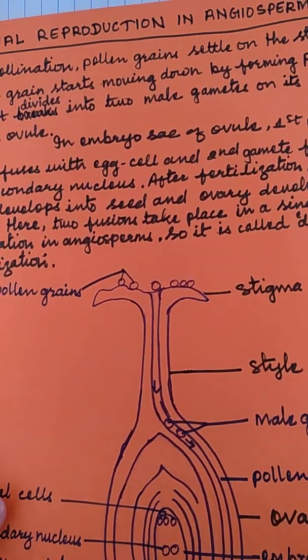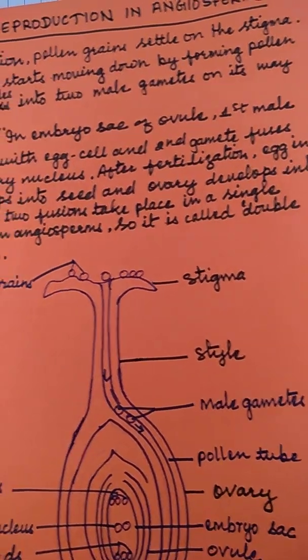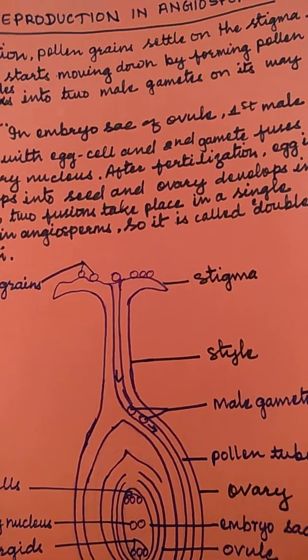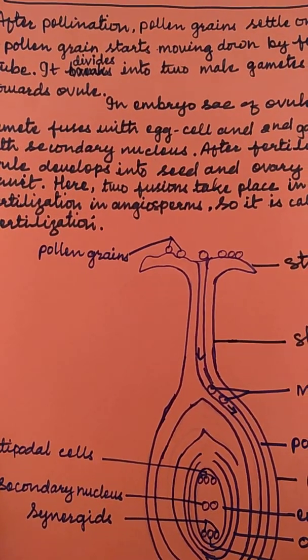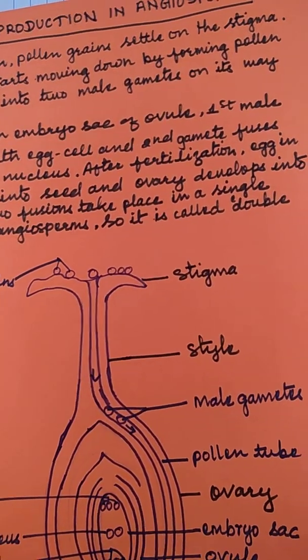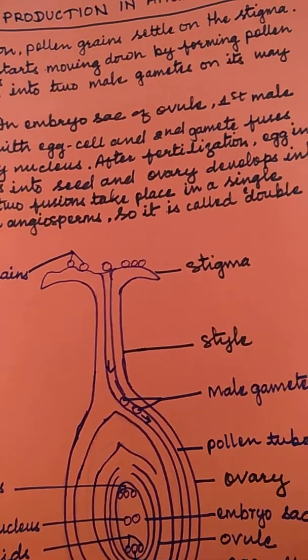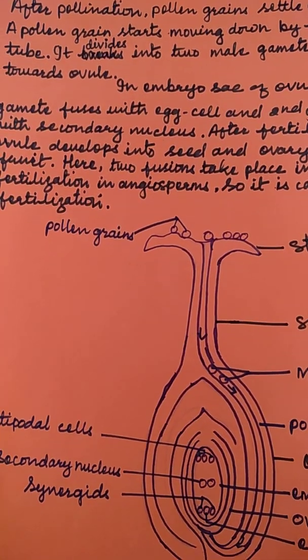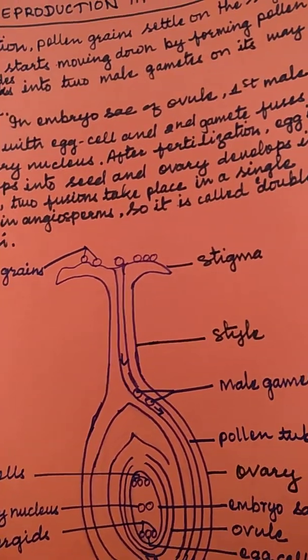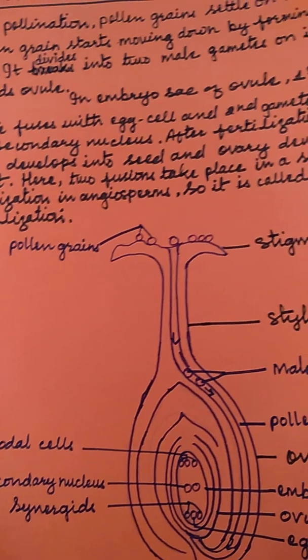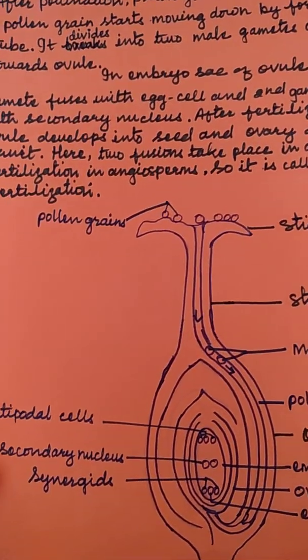In the embryo sac of the ovule, the first male gamete fuses with the egg cell and the second gamete fuses with the secondary nucleus. After fertilization, the egg in the ovule develops into seed and the ovary develops into fruit. Here two fusions take place in a single fertilization in angiosperm, so it is called double fertilization.